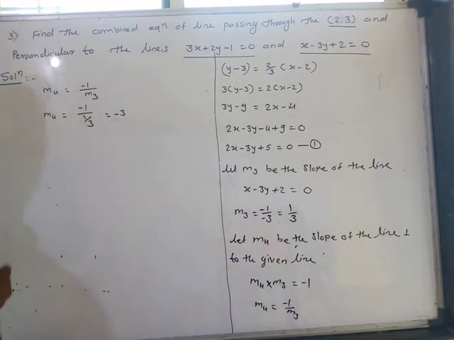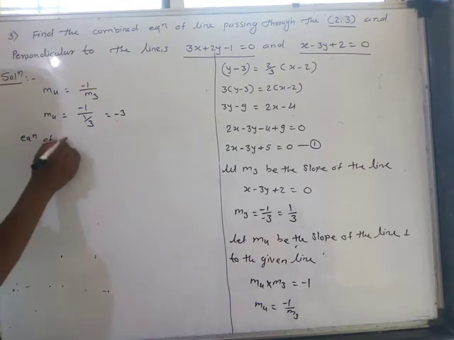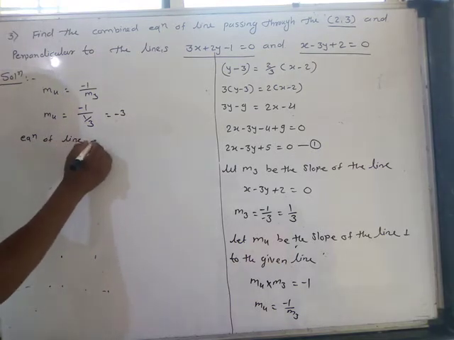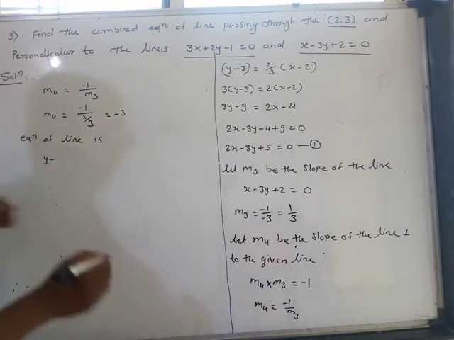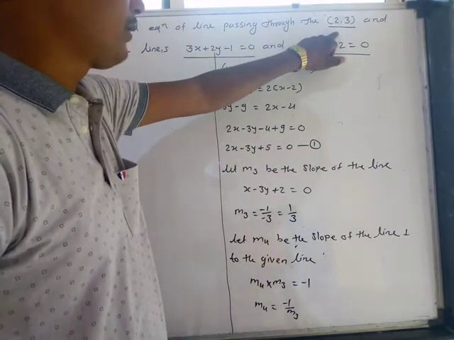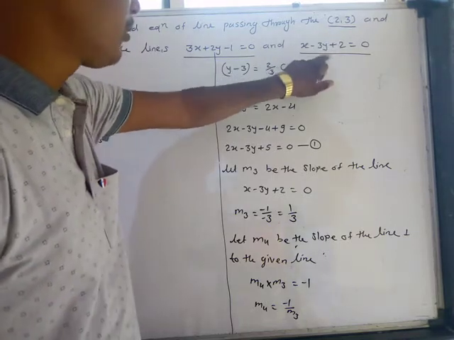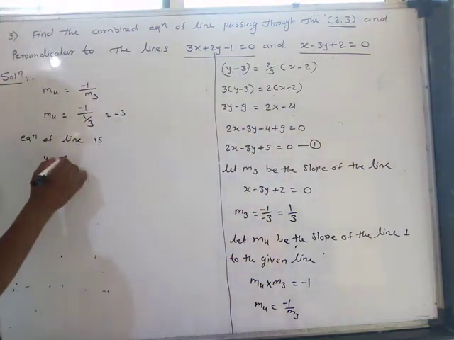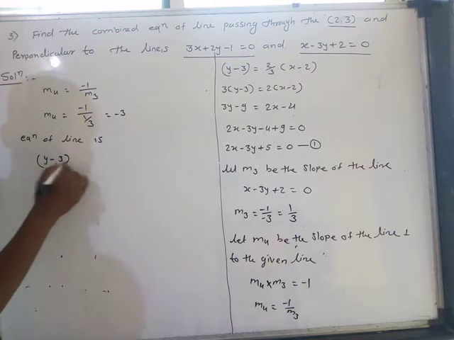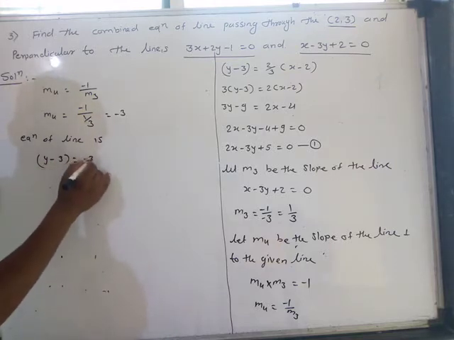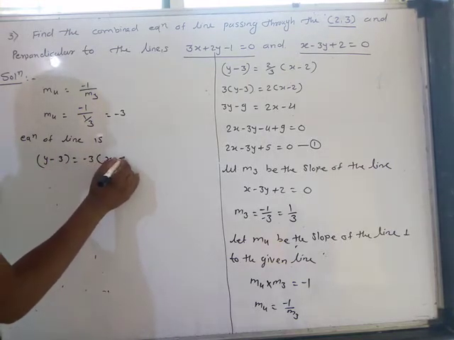Therefore the equation of the line is y minus, again this line is also passing through this point and perpendicular to this line. So y minus 3 is equal to m, which is now -3, into x minus 2.